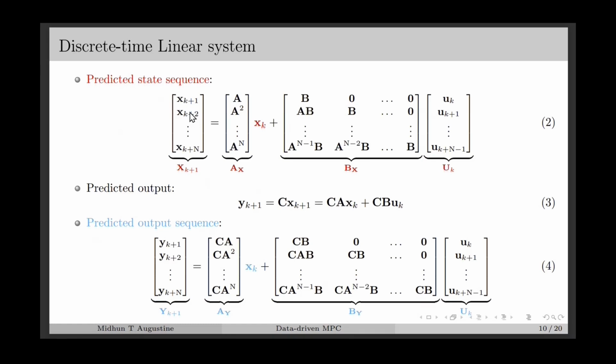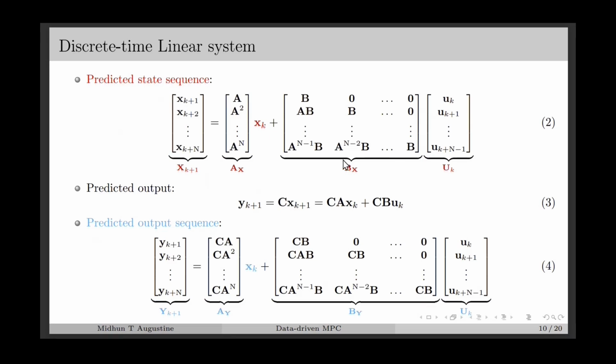If we substitute the expression for x_{k+1}, we obtain A squared x_k plus AB u_k plus B u_{k+1}. By recursively applying the state equation, we can compute the states for the next N instances. Combining all these vectors, we define the predicted state sequence vector X_{k+1} equal to A_x x_k plus B_x U_k, where A_x is this matrix and B_x is this matrix.